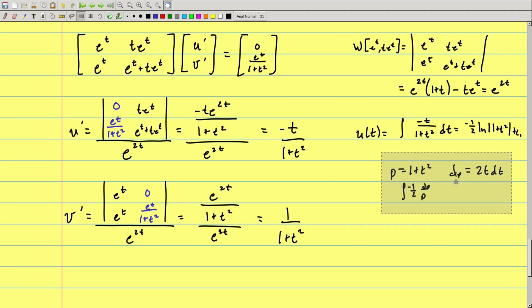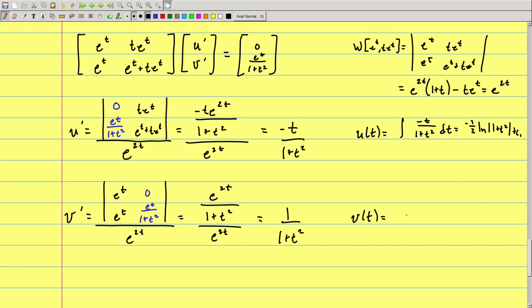And then for v, the integral is arctangent.